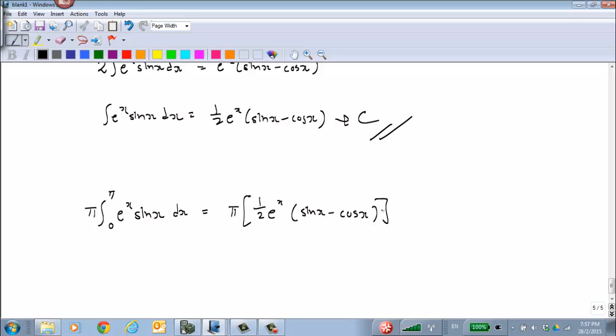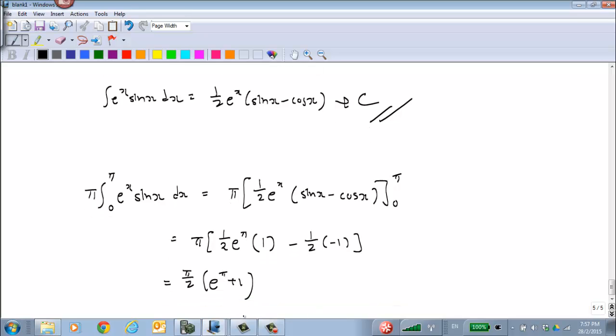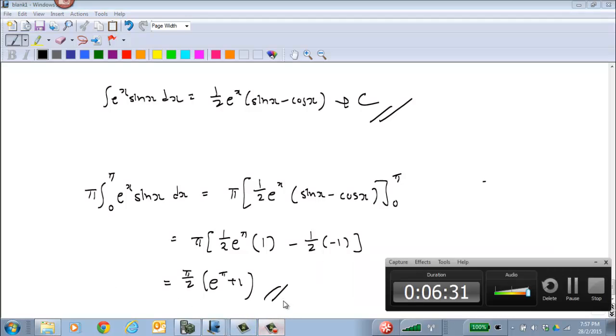So you just need to throw everything in, set it to be pi, and from there you will be able to get what you actually want. e to the pi, sine pi is 0, cosine pi is minus 1. So 0, this is half, sine 0 is 0, cosine 0 is 1. Okay, so from here, what you will get is pi over 2 times e to the pi plus 1. Okay, which is the answer given at the back of the answer key. So with this, we are done with all 6 questions.